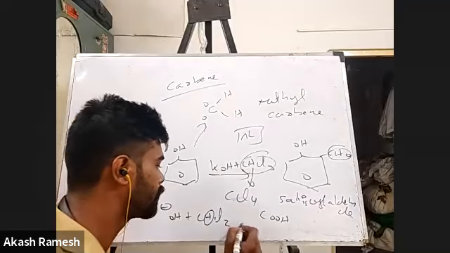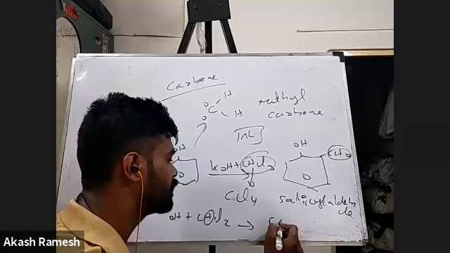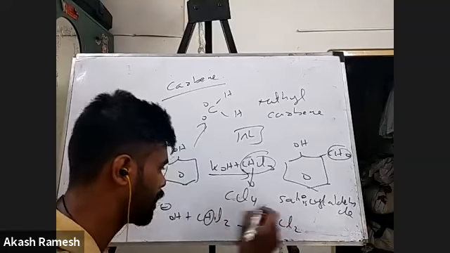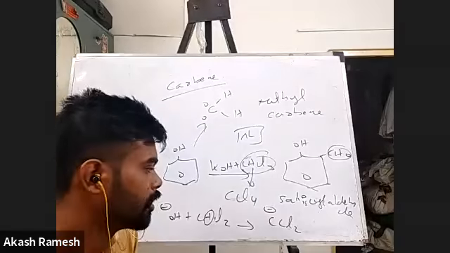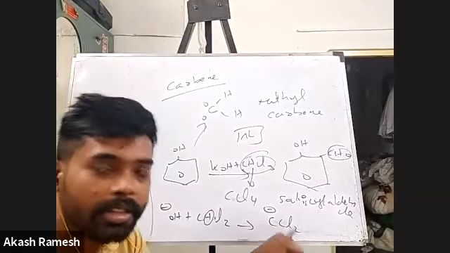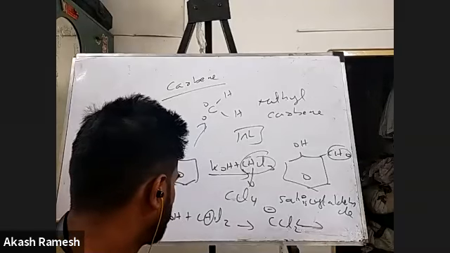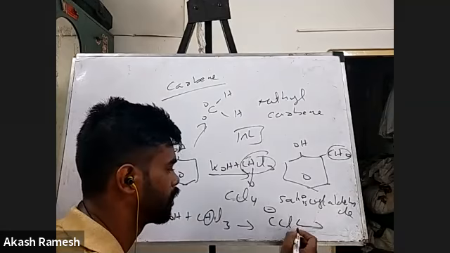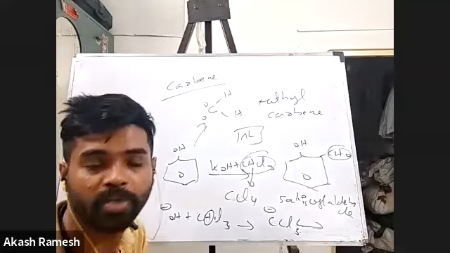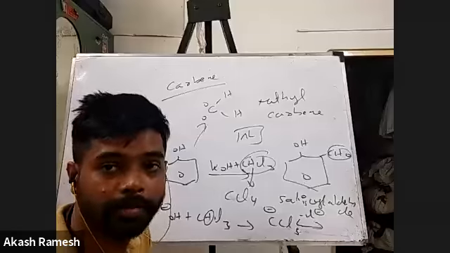So what will be remaining? Oh, it's CHCl3, I'm sorry, people. That's why it's coming wrong. So CCl3 minus will be there, so I remove a Cl minus.